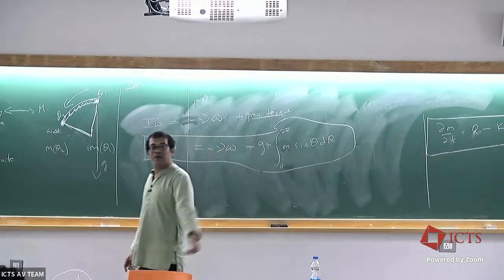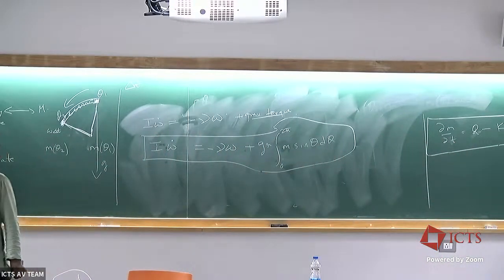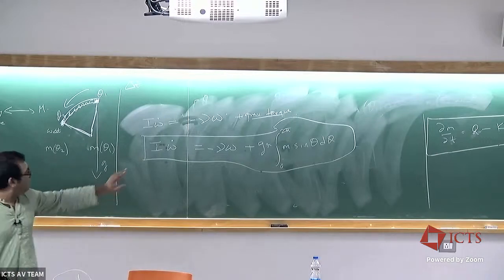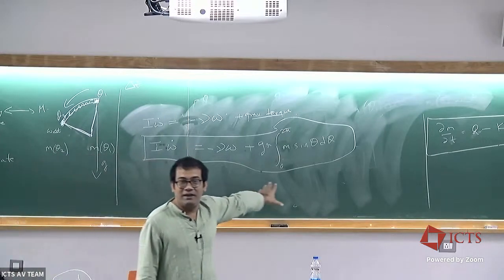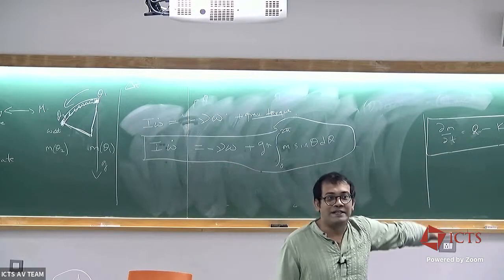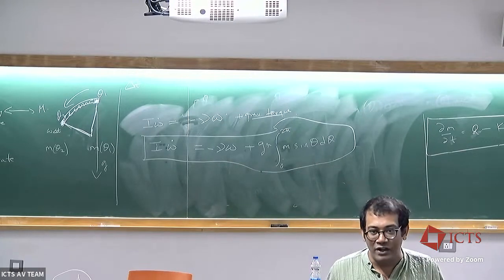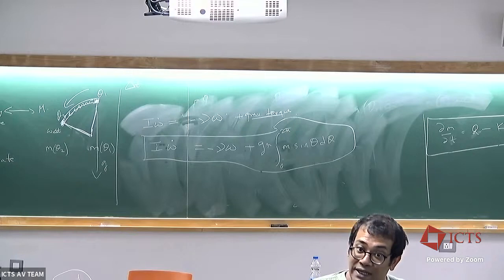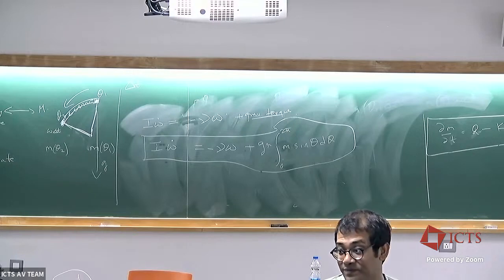So one way to think about this problem, this is the trick. Whenever you see trigonometric functions, so you have sine theta multiplied by m, everything is depending on theta. One trick is to look at Fourier series.